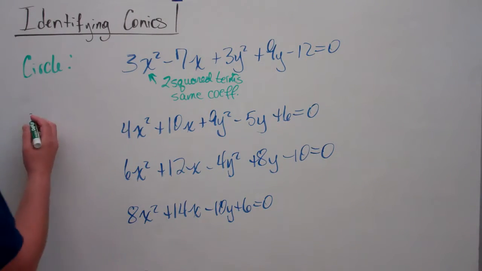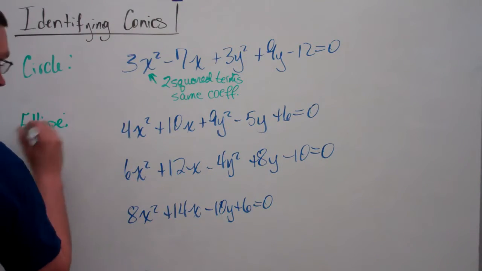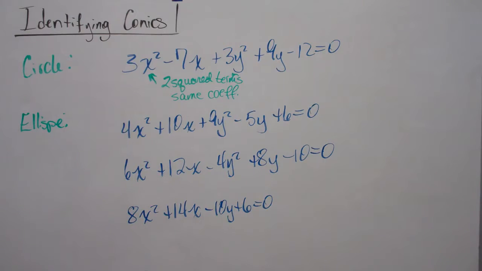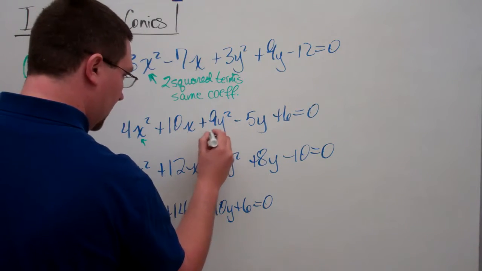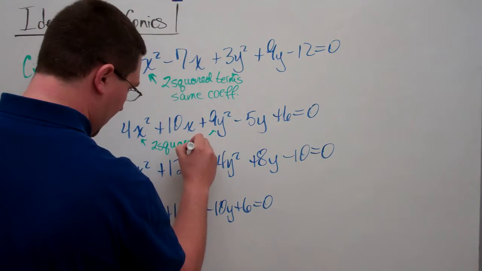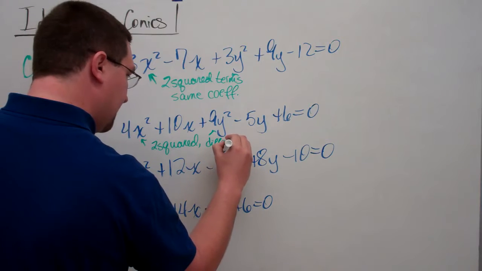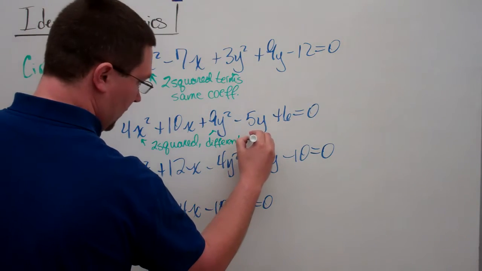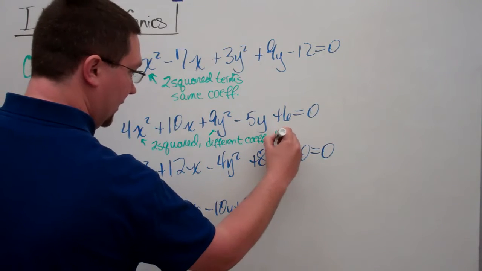Now this next one is an ellipse. Here's what to look for. You also want to look for two squared terms. Here's one, here's one. Two squared terms, different coefficients, but the same sign.